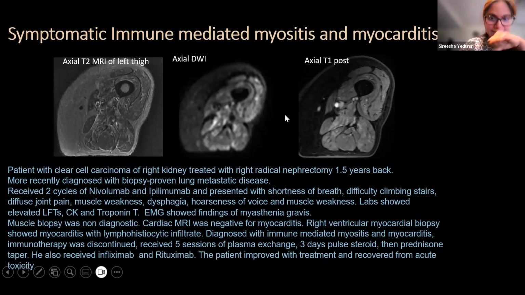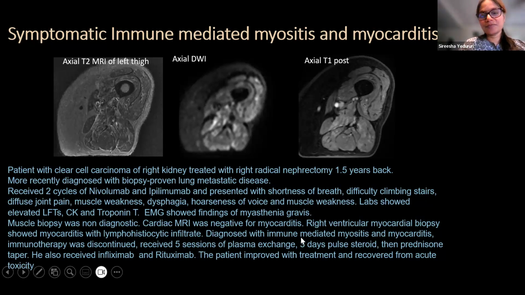Muscle biopsy was negative, but they also did a biopsy of the heart. Cardiac MRI didn't show it here. It was negative for myocarditis, but this patient had a right ventricular myocardial biopsy, which showed myocarditis with lymphohistiocytic infiltrates.